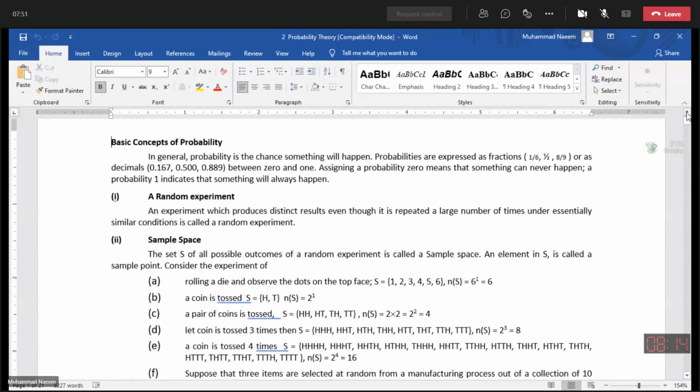So our second chapter is about probability, basic concepts of probability. When we have an uncertain situation, we have to measure the situation in percentage, sometimes in fraction or in ratio. That is called probability.